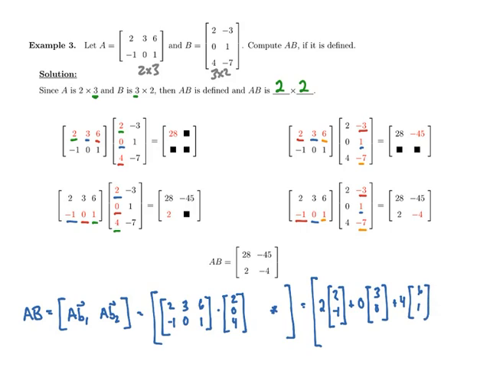And I just want to bring your attention to the first multiplication here. That is 2 times 2 plus 0 times 3 plus 4 times 6. And note that that's the exact same first multiplication that I did when I did this row by column thing. And then note that the second one we have, 2 times negative 1 plus 0 times 0 plus 4 times 1, corresponds to this part of the multiplication.